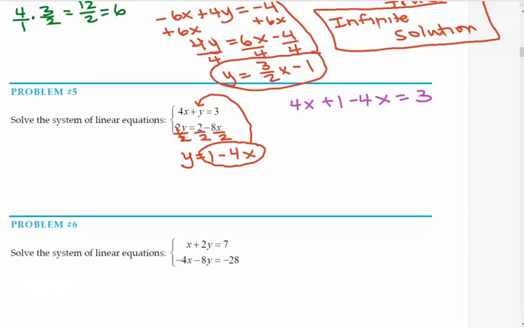All right, well, again, we can see 4x minus 4x, those zero out, right? Those are gone, and I'm left with 1 equals 3. So is that a true statement? Definitely not. 1 does not equal 3. So when you get a false statement, then your answer is going to be no solution.